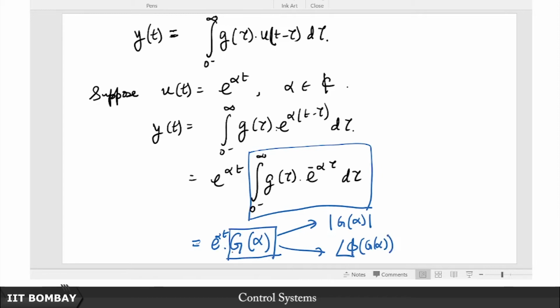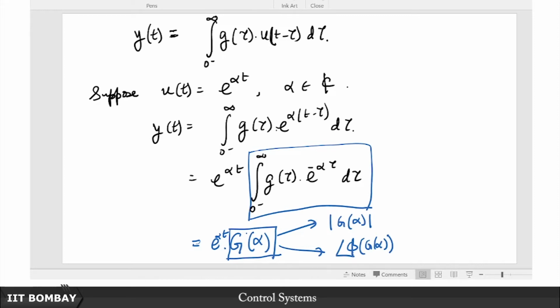So what does this gain term do? We will dwell more on this when we cover the topic of Bode plots in some later lecture, but for now it suffices to see that if you want to find out the transfer function of a system, this is another method of doing it. You just substitute the input to be e to the alpha t, of course you can replace alpha with s, yeah.